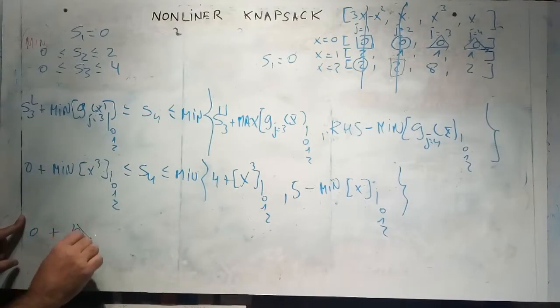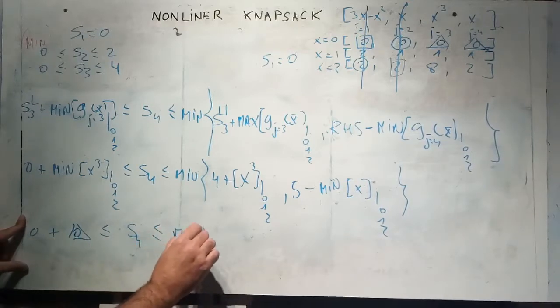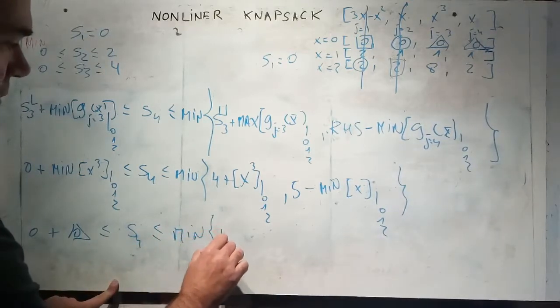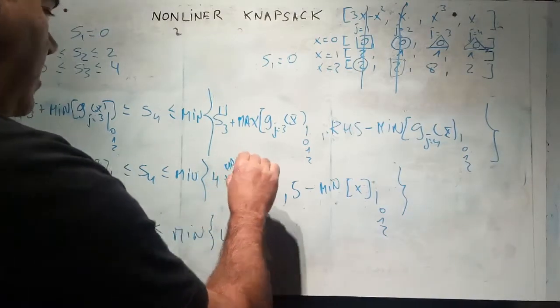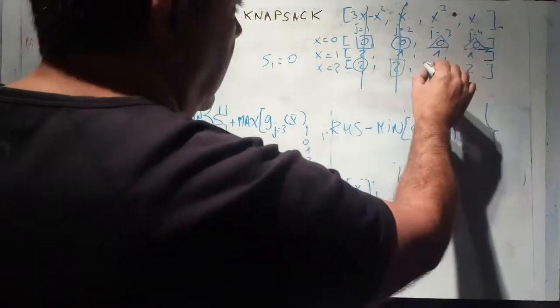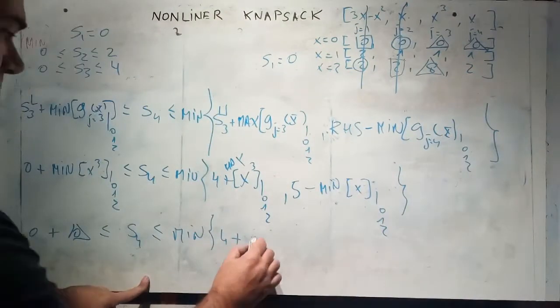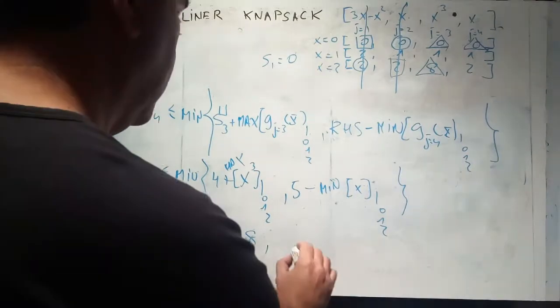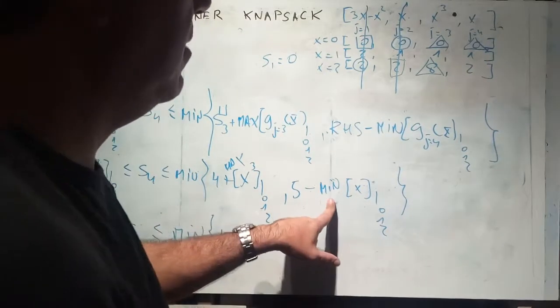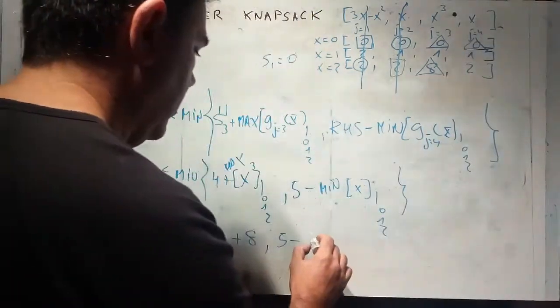So 0 plus 0 less or equal than S4, less or equal than the minimum of 4 plus the maximum value of x cubed, which is 8. So 8, comma, 5 minus the minimum value of the last stage, the minimum value is 0.